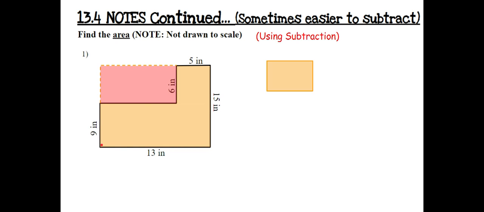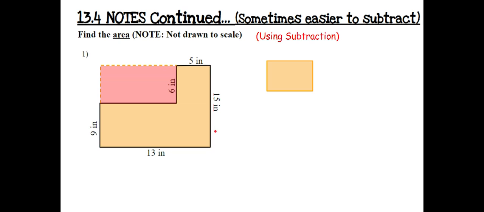You could have gotten that because from here to here is 9, and from here to here is 6, so 9 plus 6 is 15. Or this is the same as this, so if this is 15, so is this. But sometimes they don't necessarily give me that this is 15.